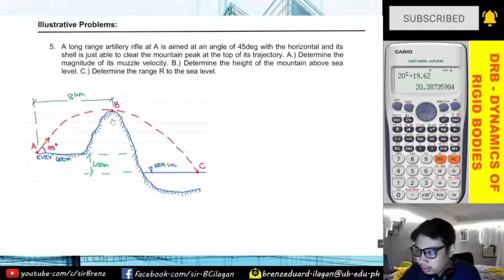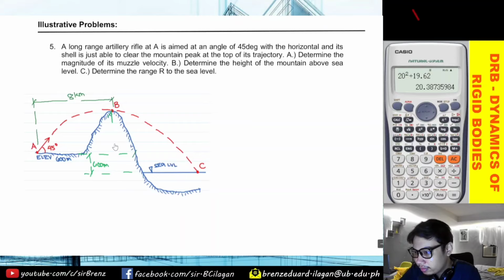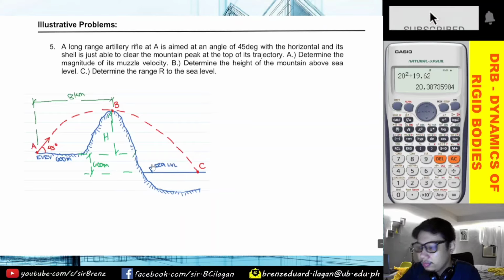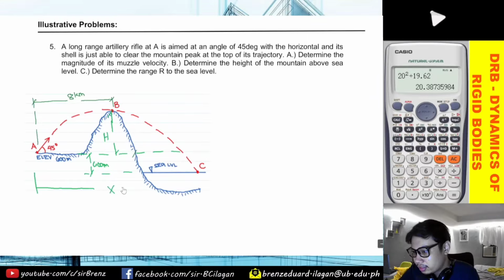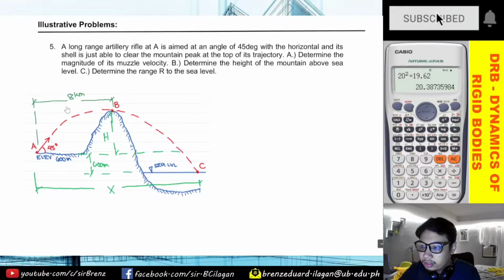Okay, so guys, ilalabel na lang natin to as h, or yung maximum height nung iyong projectile. Okay? And then ito siguro, ilalabel ko na lang siya as distance x. So nagbigay siya ng distance ng point A to point B, which is equals to 8 km.